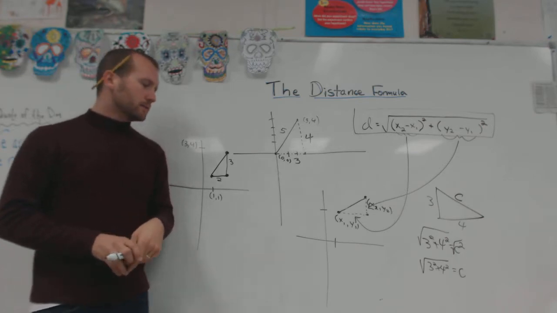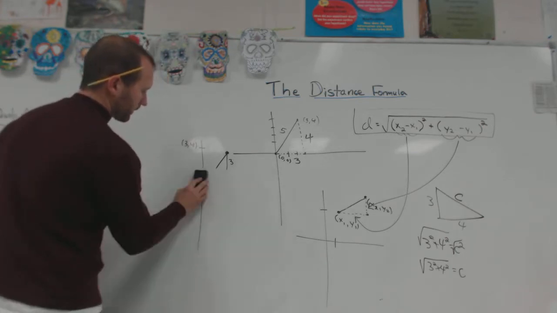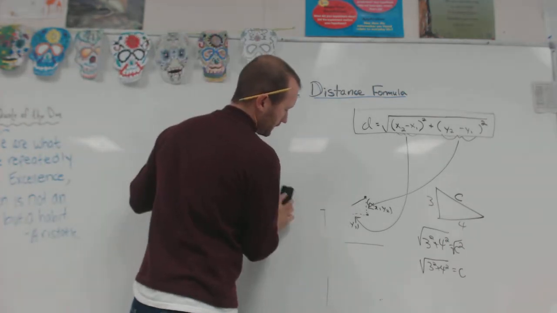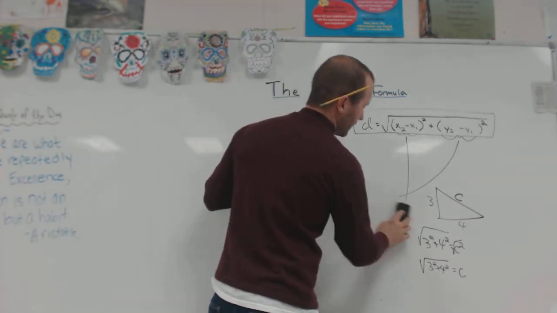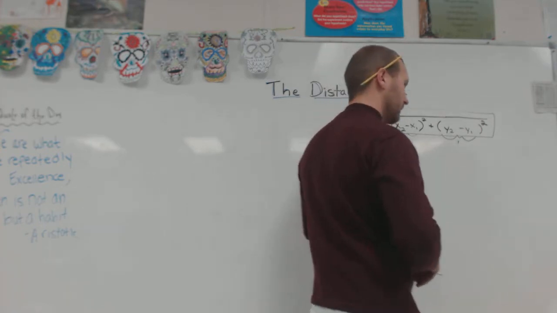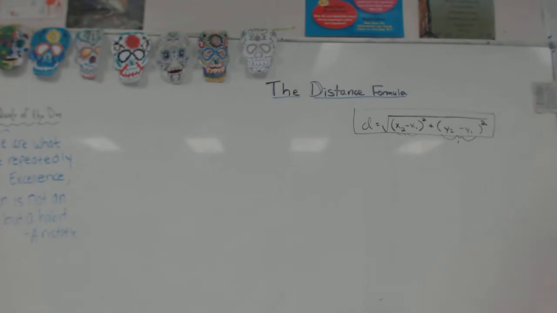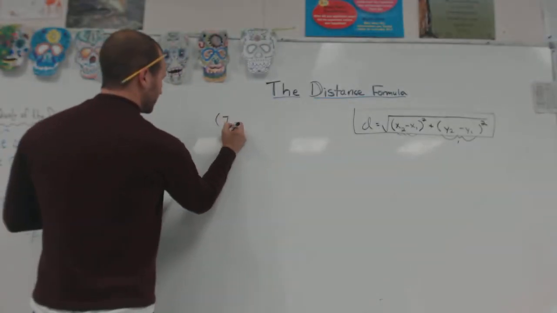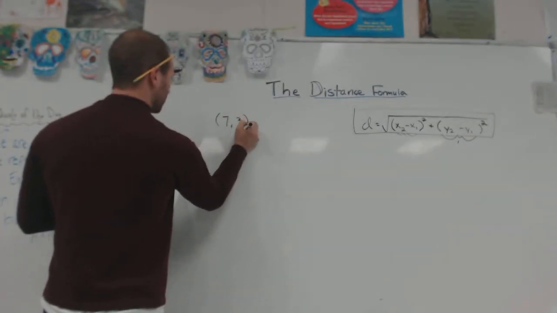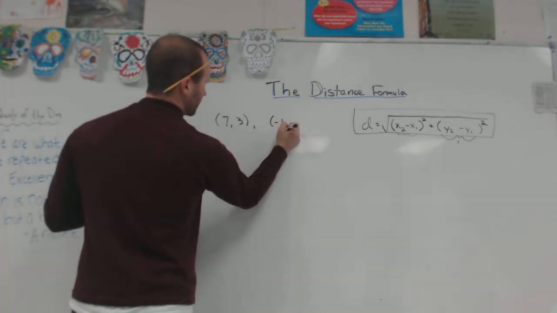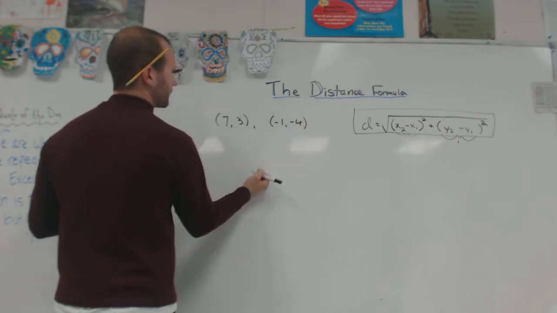Right? So let's do some examples using this one. What is the distance between 7, 3 and negative 1, negative 4?